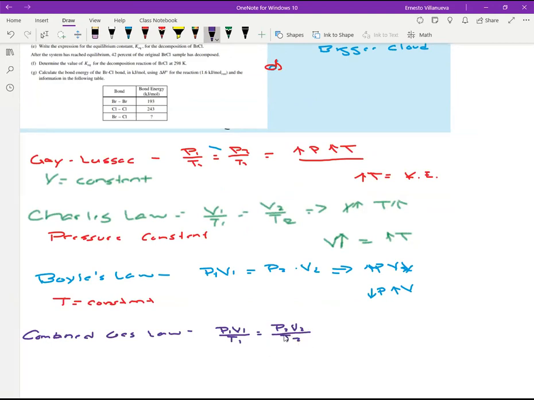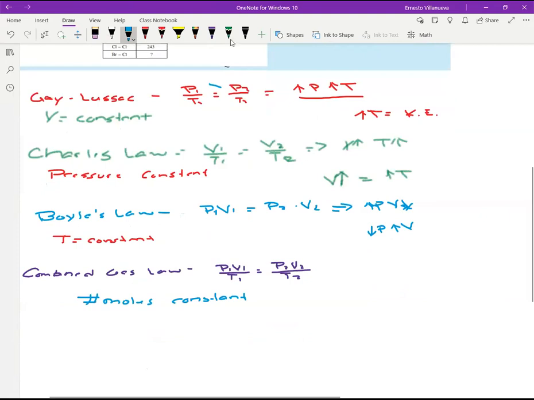If you have a system that has differences in any of these, then you're going to use the combined gas law. Here, nothing is constant except the number of moles. So I'm going to put here number of moles constant, meaning that it's going to be the same amount of gas. That's going to remain the same, but everything else is going to be variable, okay?